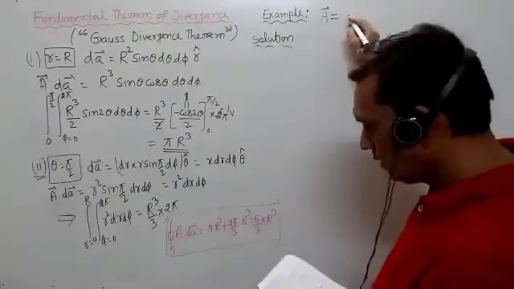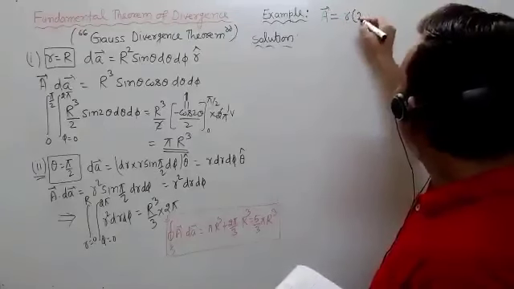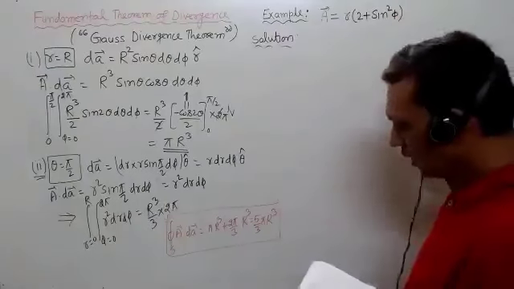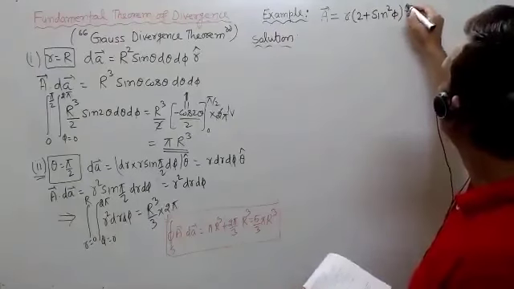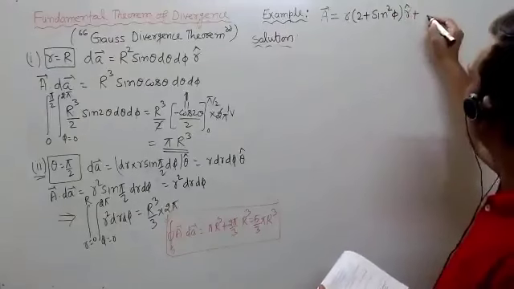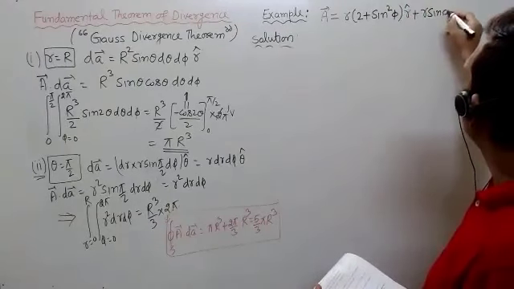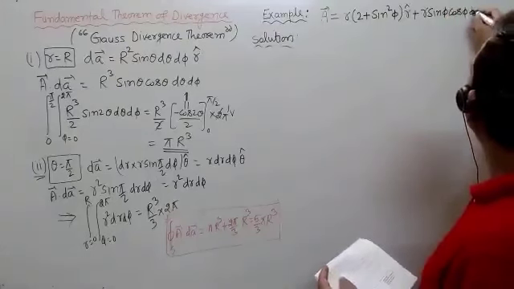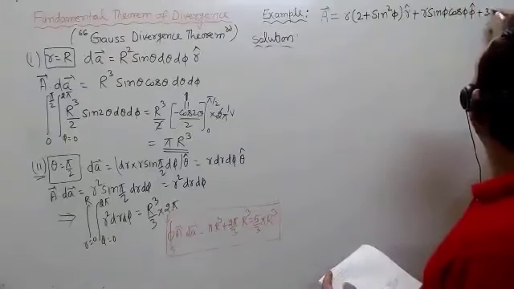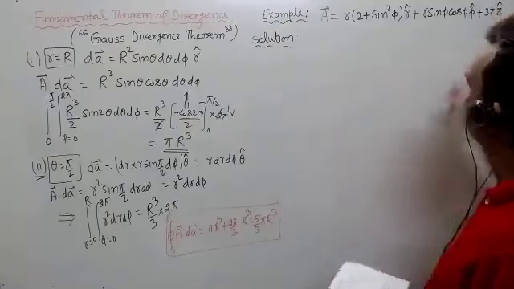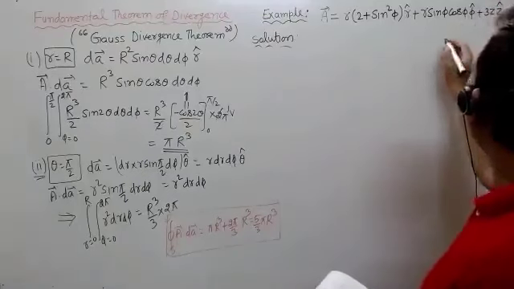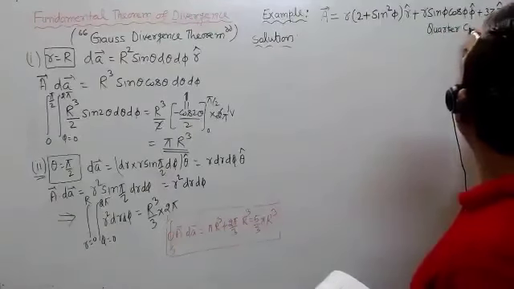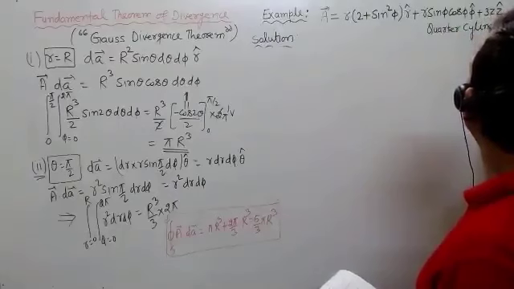So vector A is R 2 plus sine square phi R cap plus R sine phi cos phi phi cap plus 3z z cap. And volume is a quarter cylinder.